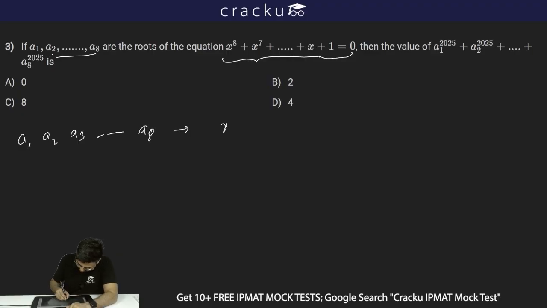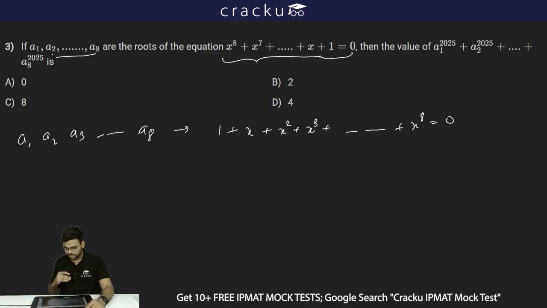I can write this as 1 plus x plus x square plus x cube up till x to the power 8 is equal to 0. We have to find the value of a1 to the power 2025 plus a2 to the power 2025 up till a8 to the power 2025.